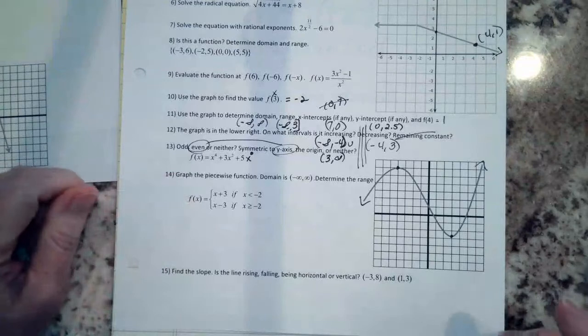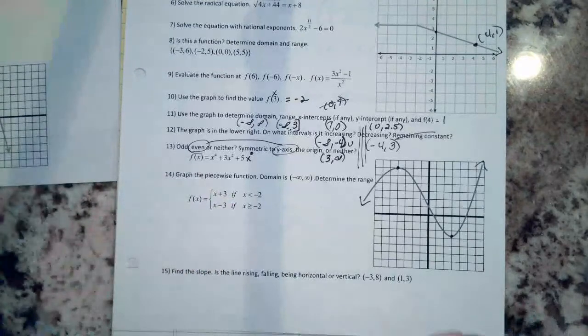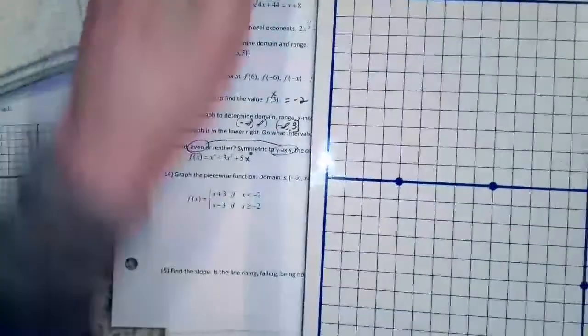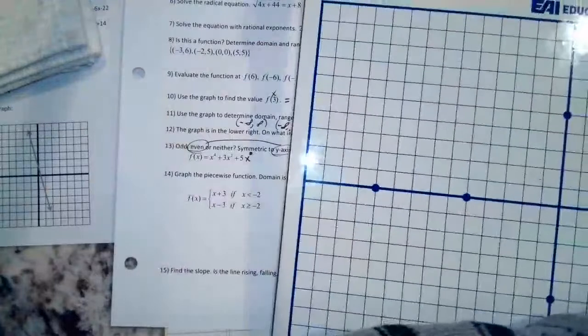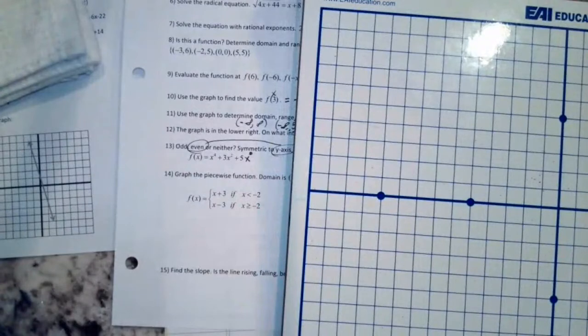Let's look at graphing a piecewise function. Let's see, I'm going to go grab a graph and we're going to build a wall and see what's happening here. Okay, our wall needs to be at negative 2.